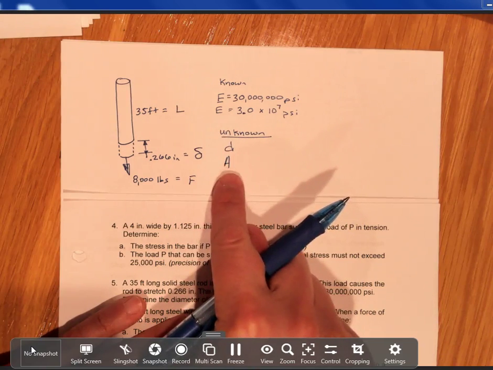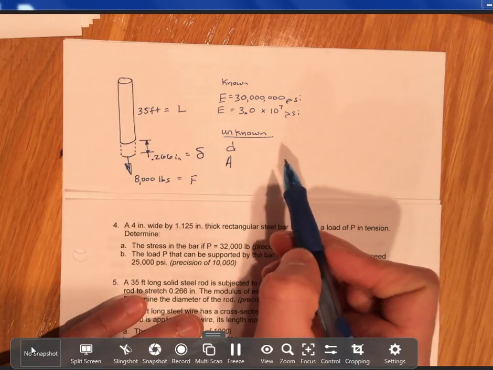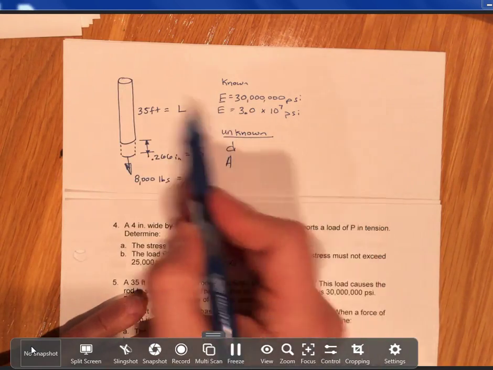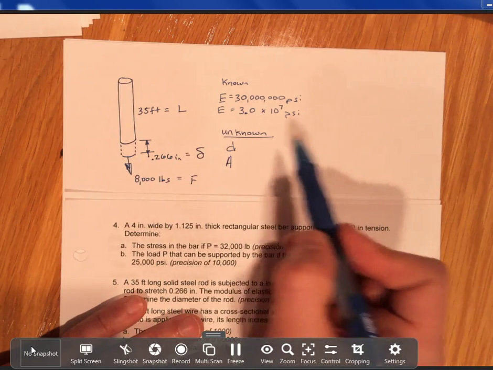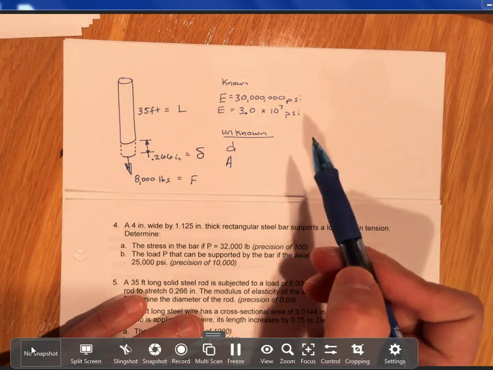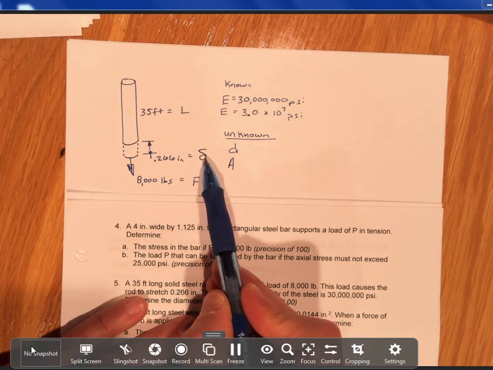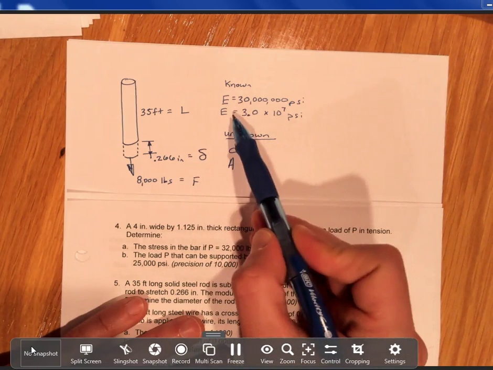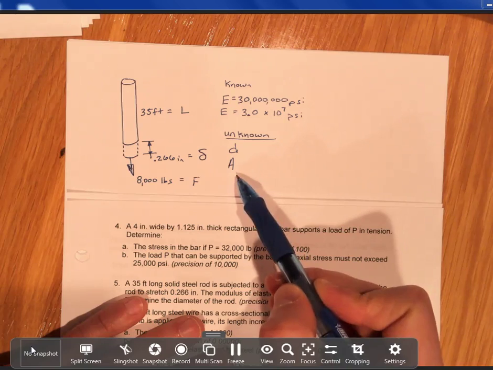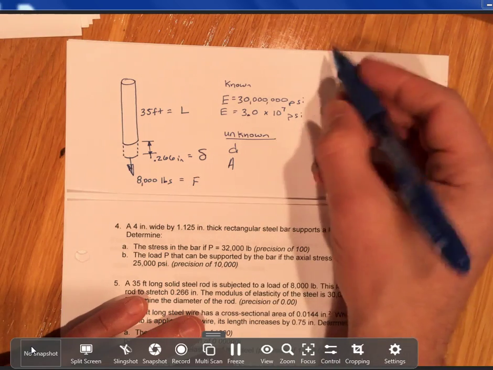And I know that there's a relationship between the area of the cross-section and the diameter of that circle. So if I can find the area, I'm pretty sure I can work back and find that. So I need to look for a formula that would involve the length, the elongation, the force, the modulus of elasticity, and the unknown that I think will help me get the diameter.